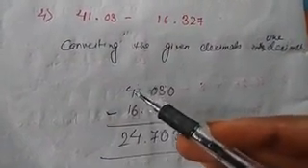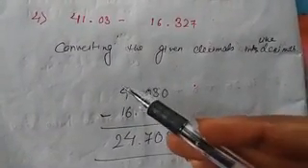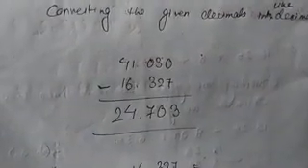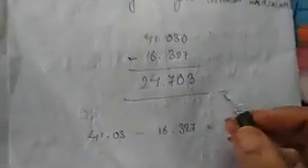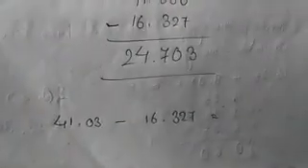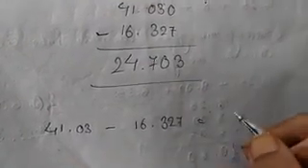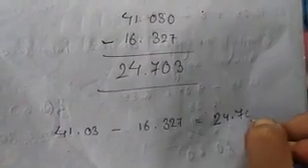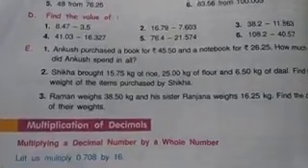So again take 1. 10 minus 6 is 4. And here is 3. 3 minus 1, 2. So 41.03 minus 16.327 gives 24.703.